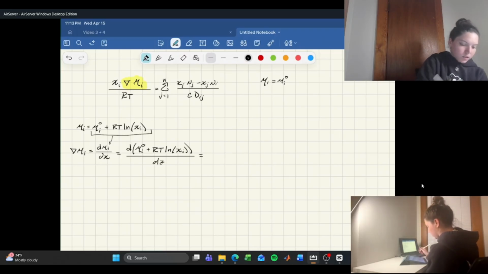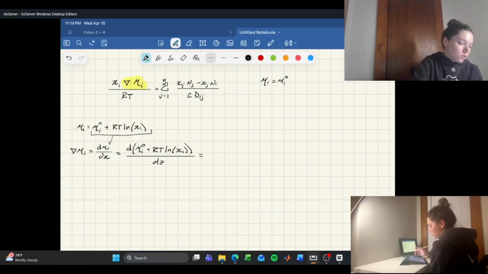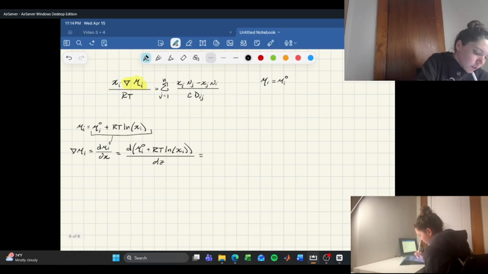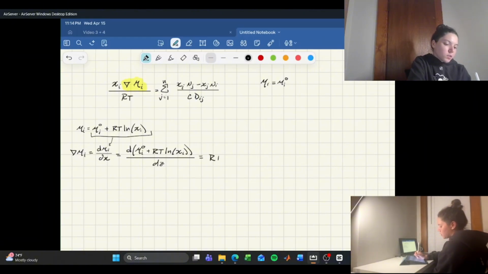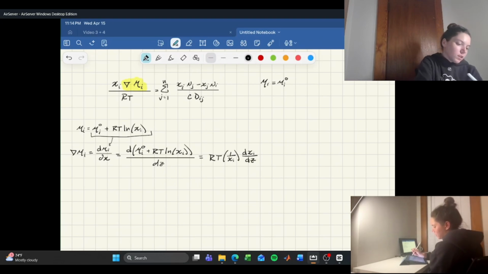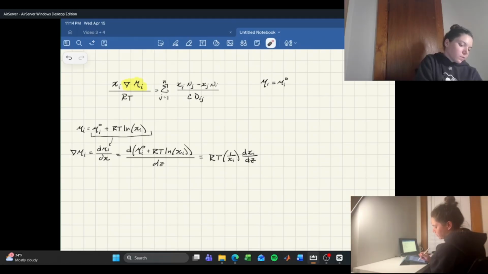And we can take the derivative. This derivative is going to be ideal gas constant times temperature times 1 over the mole fraction of i, times dxi over dz. And then we said this is equal to the chemical potential gradient.